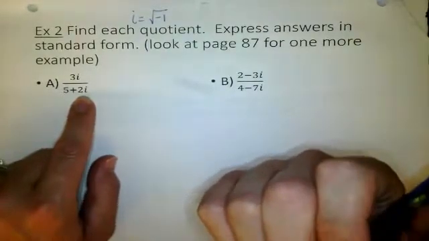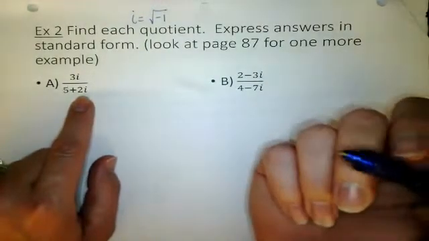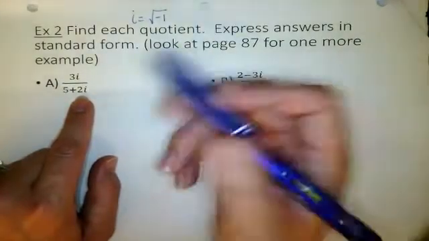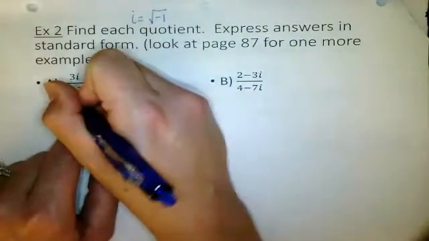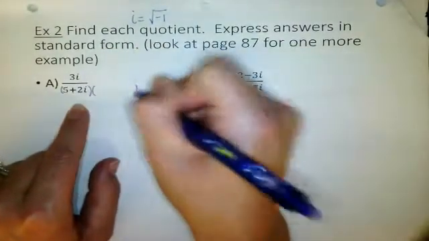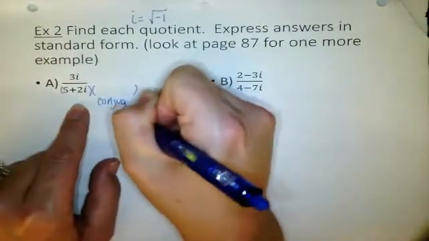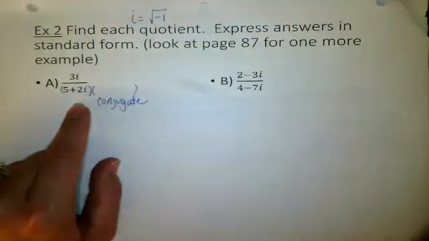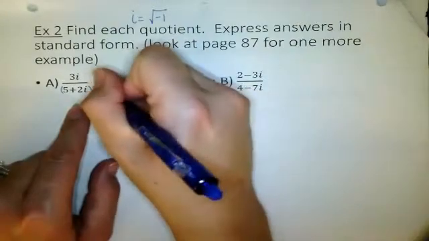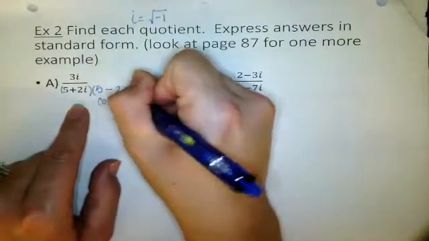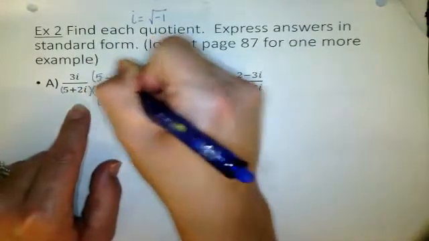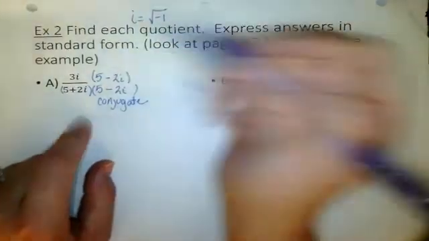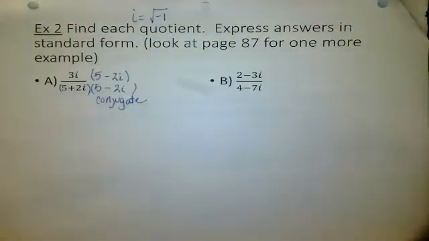If you'll remember, we want to multiply by the conjugate. What would be the conjugate? 5 minus 2i on top and bottom. Multiplying by the conjugate is a strategy we use in calculus a lot.